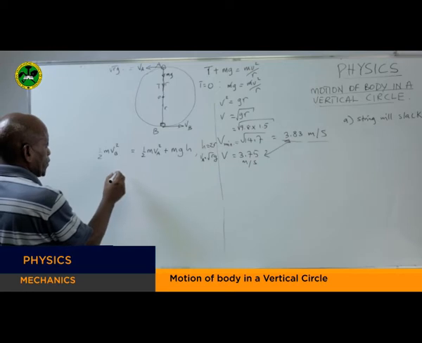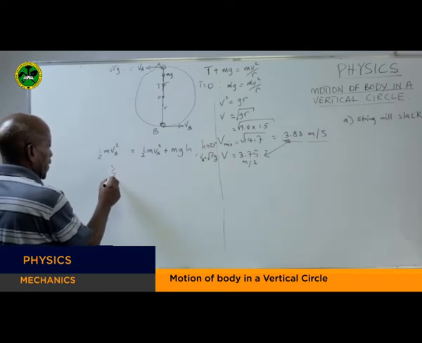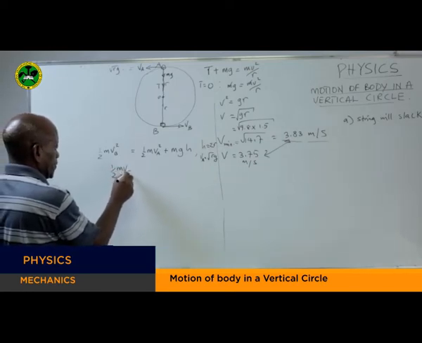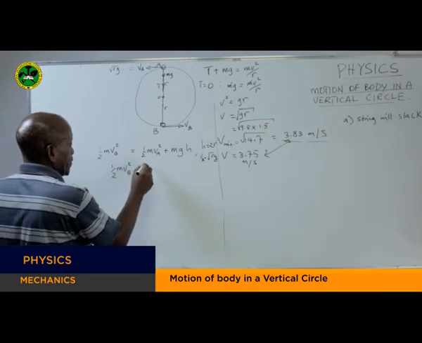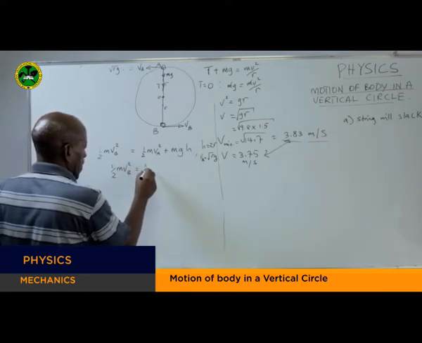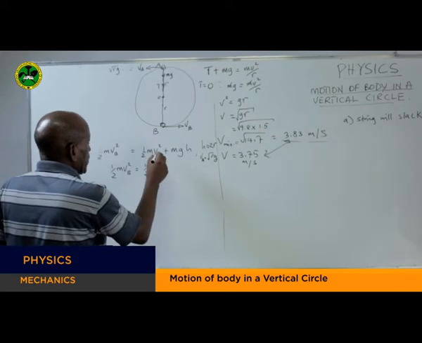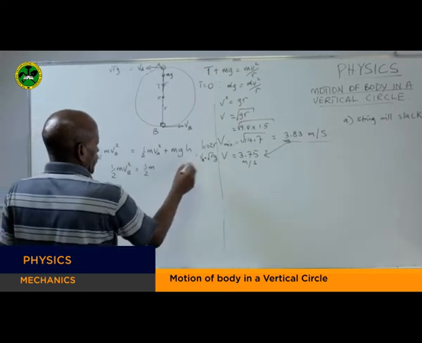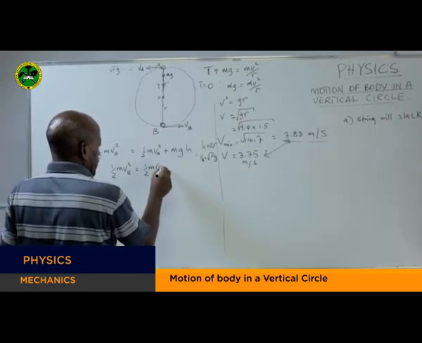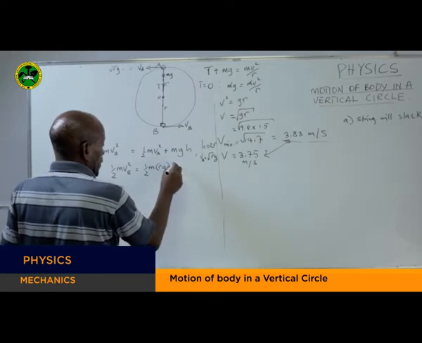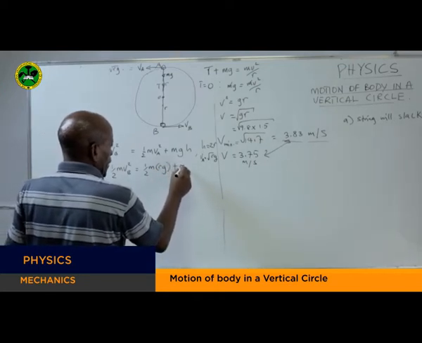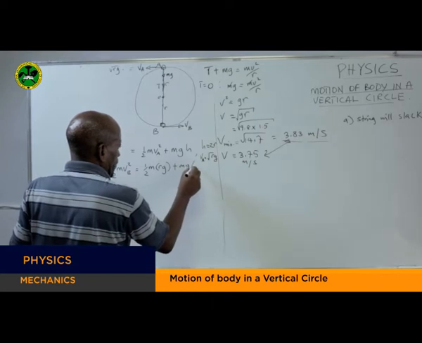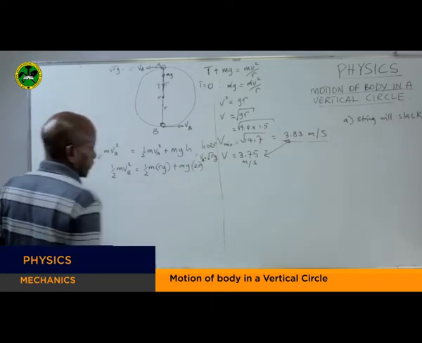Here we are going to have a half times m times vb squared, which is equal to a half times m times VA squared, which is rg, plus mgh. So this is m times g, and h is equal to 2r.